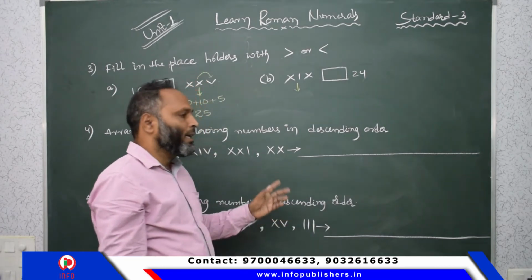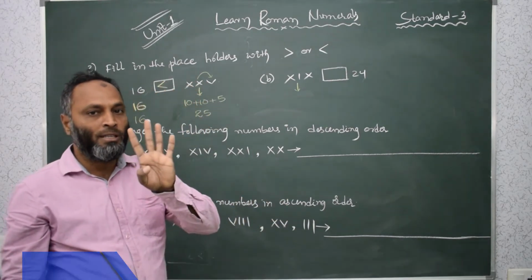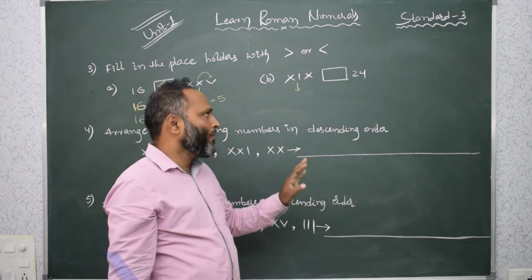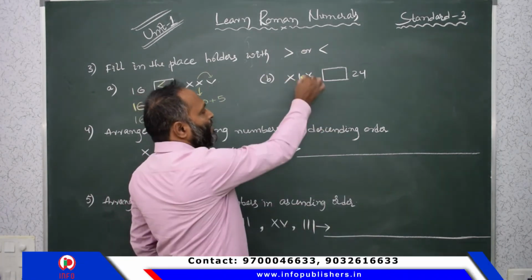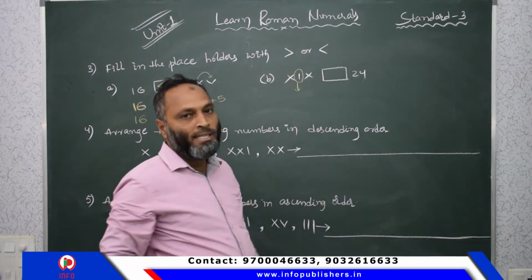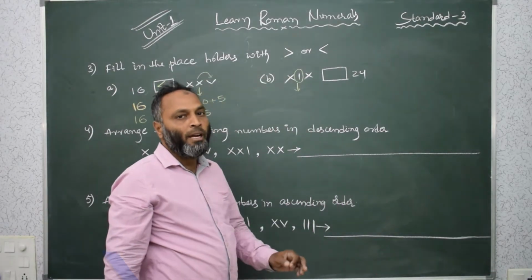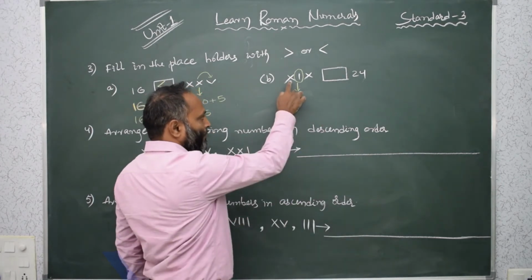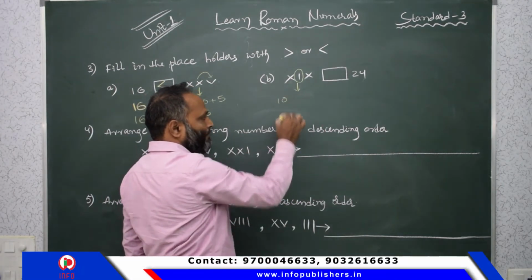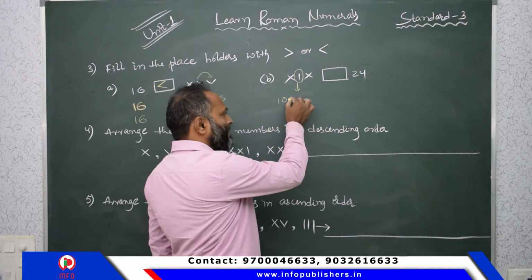What is the condition? According to our fourth rule, if a smaller Roman numeral is in between two bigger Roman numerals, then what do we have to do? First we take the first one as it is, 10, and plus.